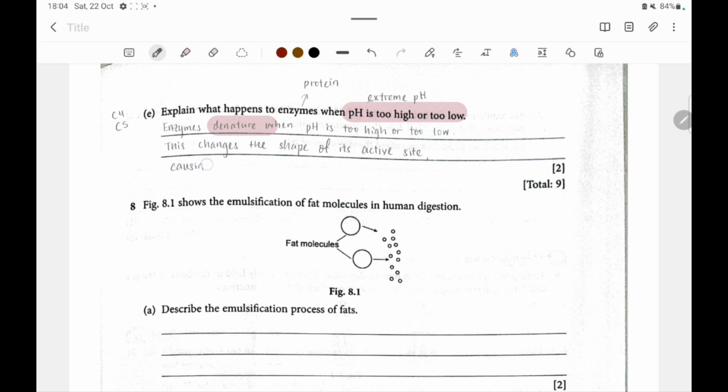Causing substrates. Substrate means the substance that will be binding to the active site to be unable to fit into the active site and hence the reactions stop.